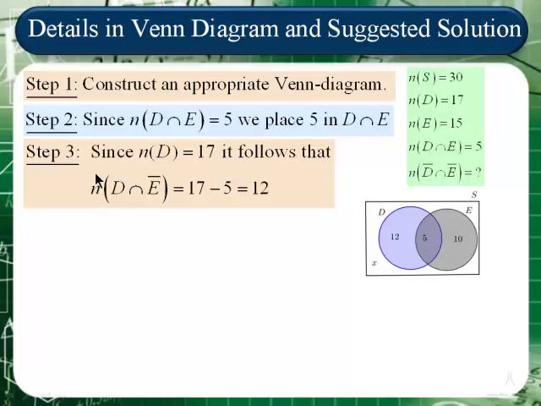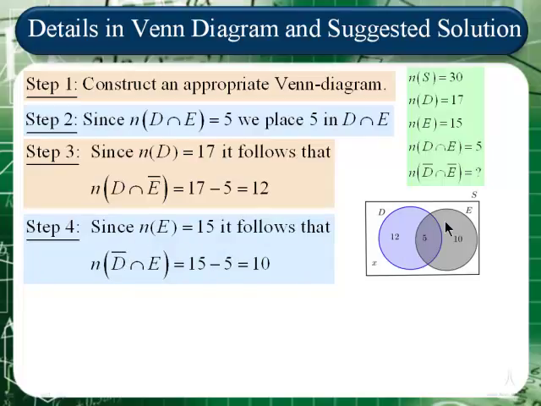So that means that the number of learners that belong to D but not to E, in other words this blue shaded area, or the number of learners belonging to D only, is equal to 12. In a similar way, since we know that the cardinal number of E, those who appreciate excellent educators, is 15, we know that the cardinal number of those belonging to E only, in other words, E but not D, must be equal to 10.